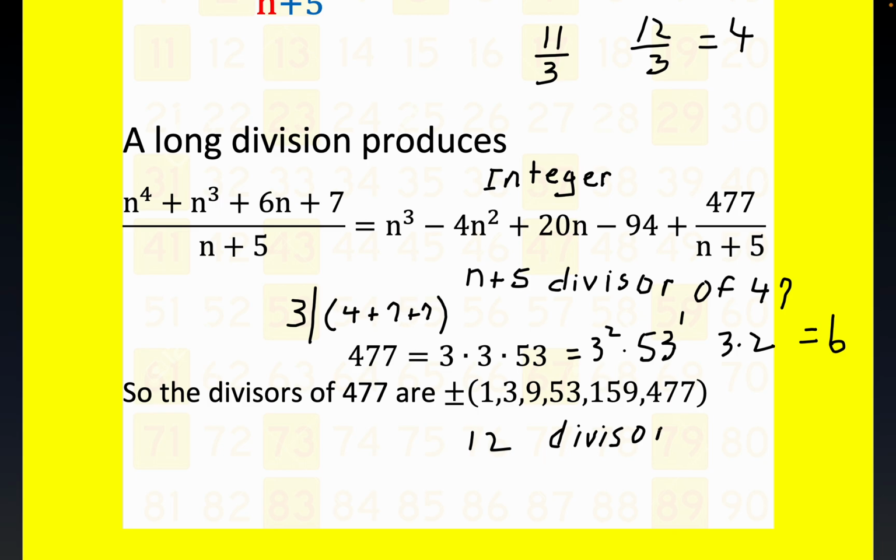There's 12 divisors, which is tantamount to the answer to the question, because you would have to solve this equation 12 times, setting it equal to n+5, right? Okay, that's kind of cool. So without lifting more than a little finger here, the answer to the question is 12. Okay, the answer to the question is 12.